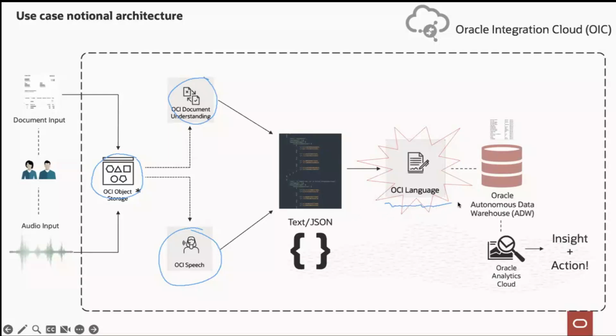I'm running OCI Language to actually analyze that text through REST API. And then ultimately I'm inserting a moderate amount of data, not a huge amount, but a moderate amount of data into Oracle Autonomous Database. And that's all achievable through something like Oracle Integration Cloud, where you're calling APIs, you're doing some mapping, you're doing some light translation, you're moving a little bit of data here and there in a transactional manner.